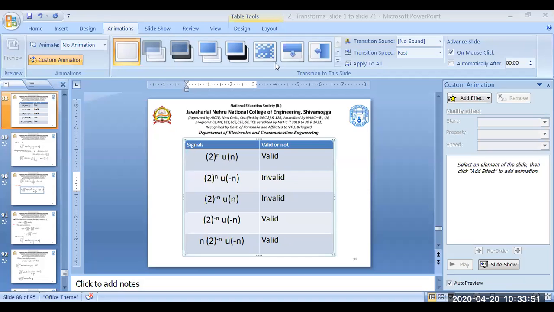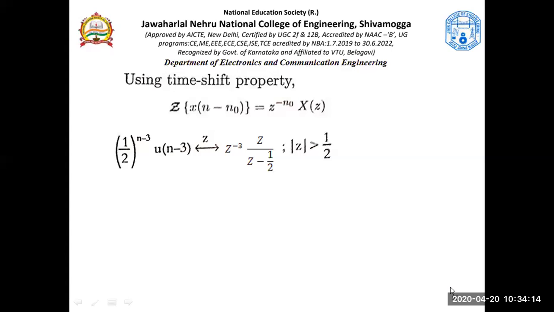Okay, only 38 have given. Logged in is 43, given is 38. That means 5 people are not there in the session, but they are logged in. No problem, I don't mind, because I want to concentrate on teaching. You also should concentrate on what you're learning. Let's not bother about that.